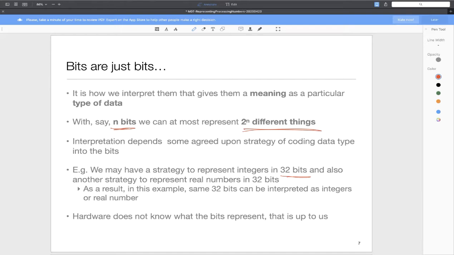For example, I can write this. Now in memory, it would be stored as the ASCII code for A, ASCII code for B, ASCII code for C, and 0.